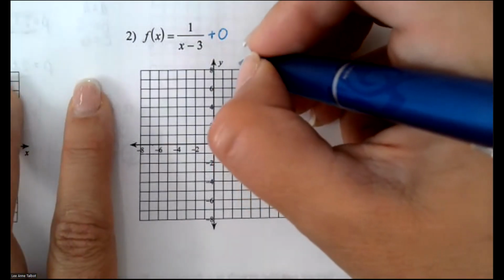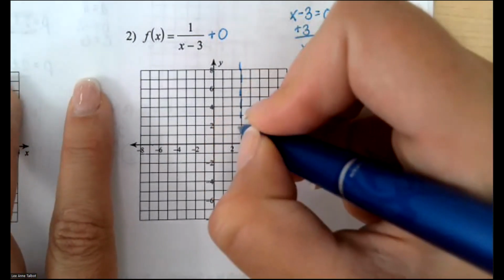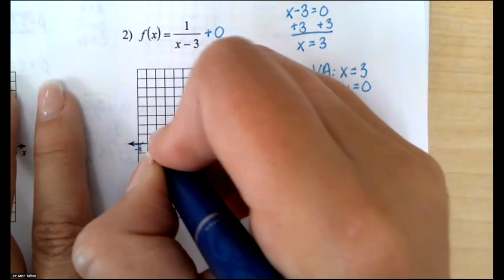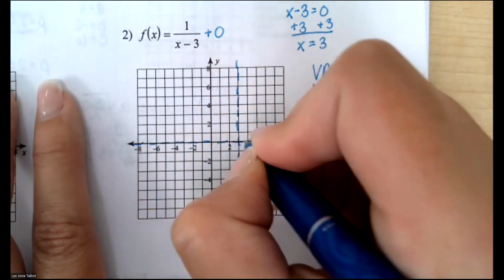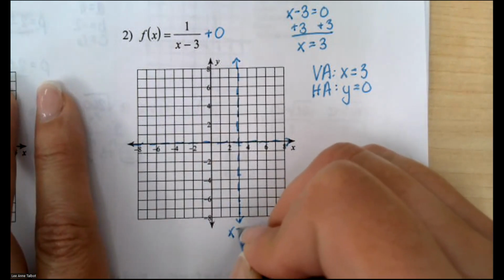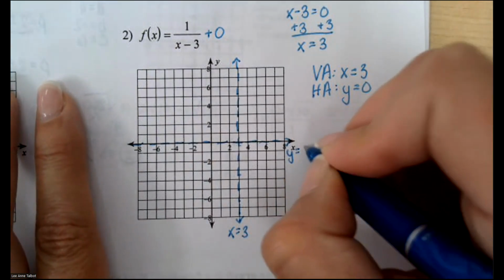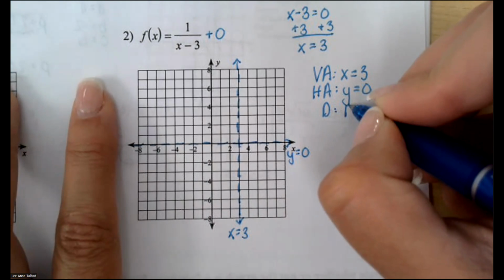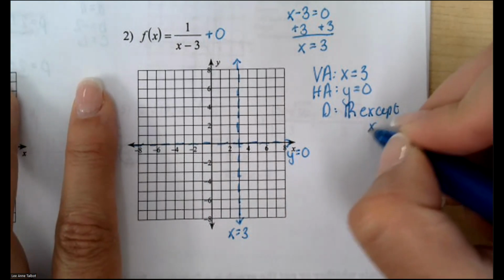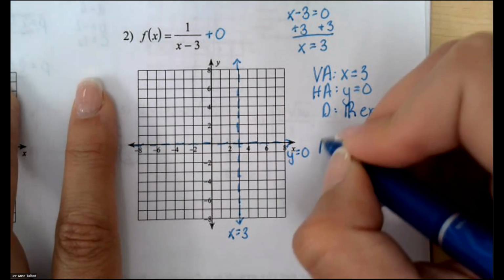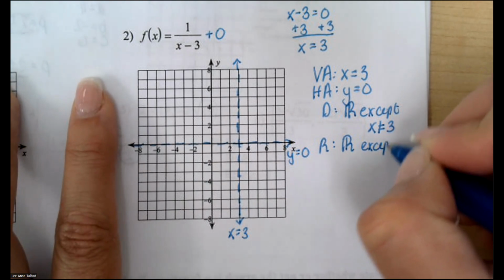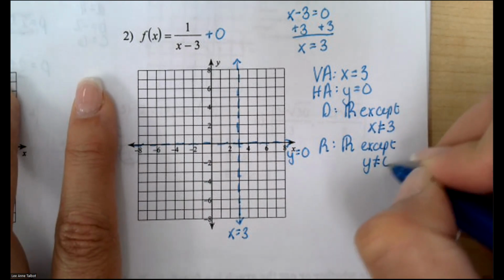Okay. x equals 3, y equals 0. Domain, everything except x can't be 3. Range, everything except y can't be 0.